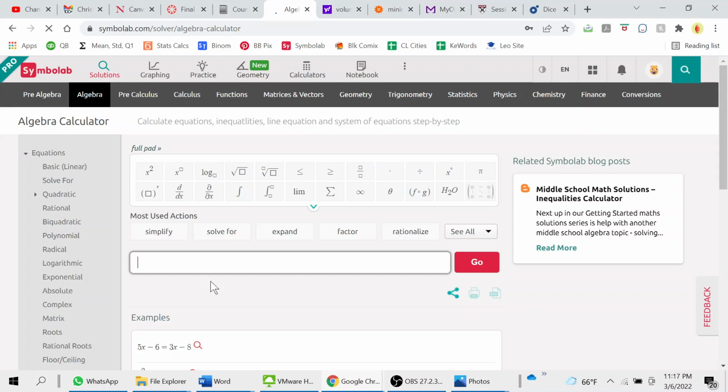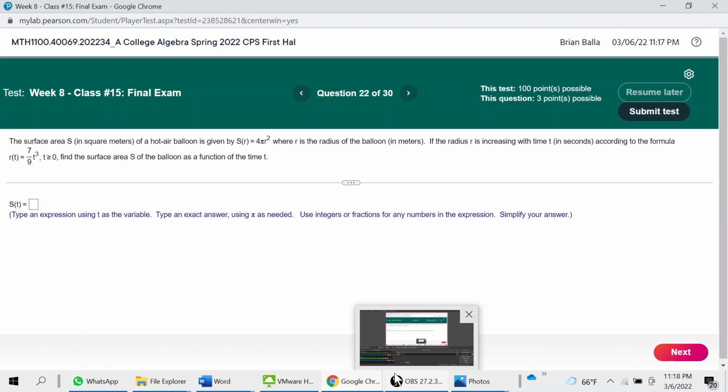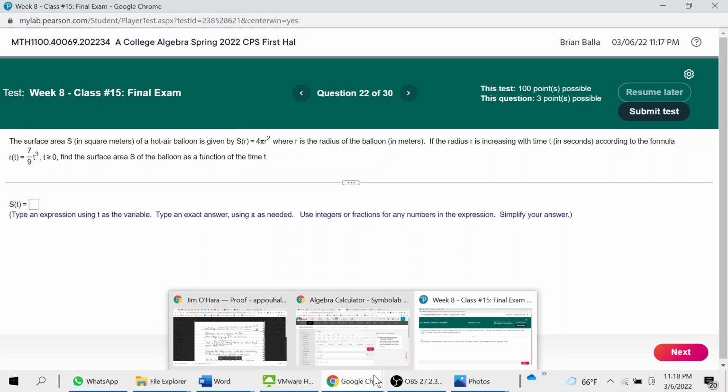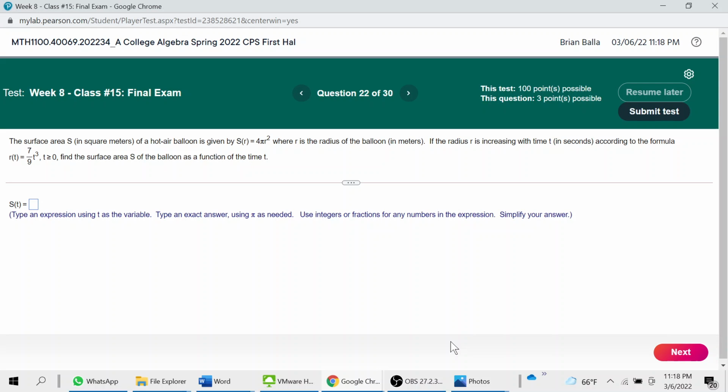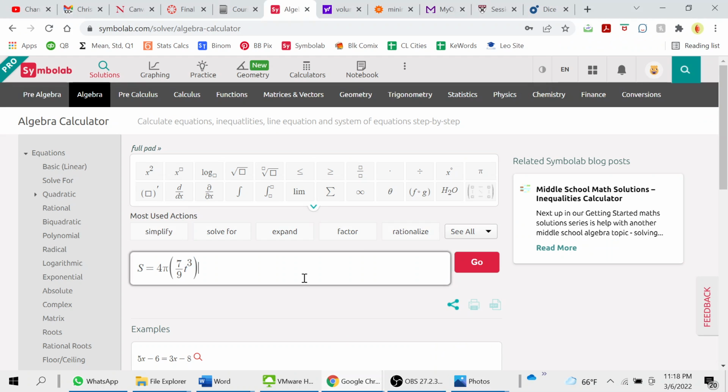Okay, S equals 4 pi, radius squared. So radius is 7/9 t cubed, as a function of time. That's the radius, and that whole thing is squared. Okay, expand.